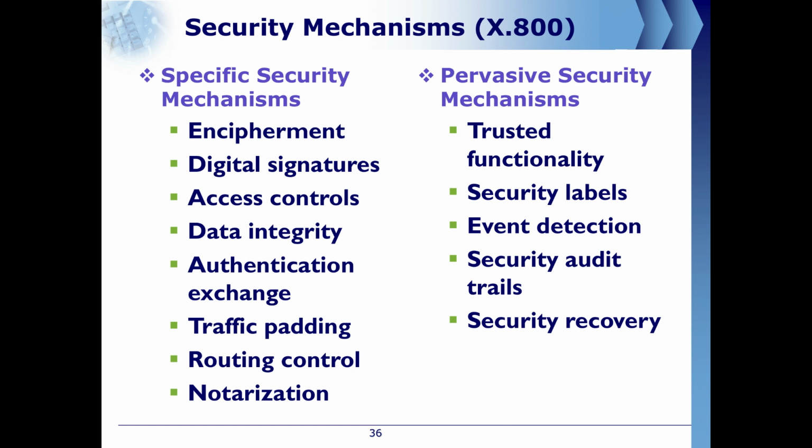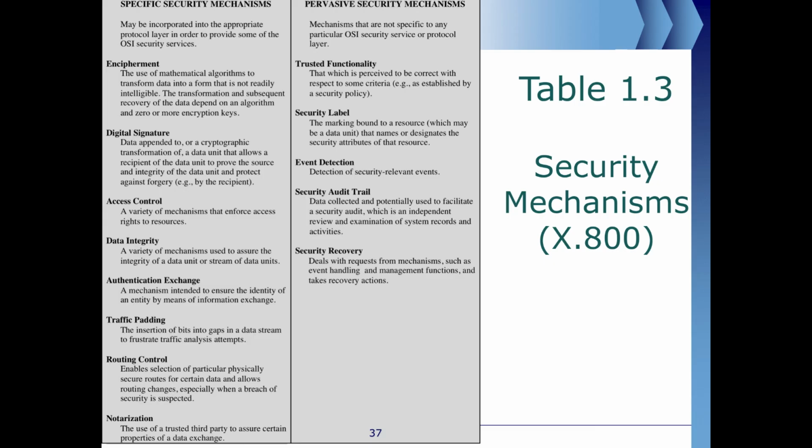Security mechanisms, X.800. Specific security mechanisms: encipherment, digital signatures, access controls, data integrity, authentication exchange, traffic padding, routing control, notarization. Pervasive security mechanisms: trusted functionality, security labels, event detection, security audit trails, security recovery. Table 1.3.